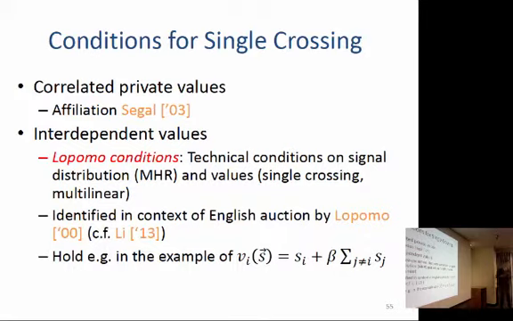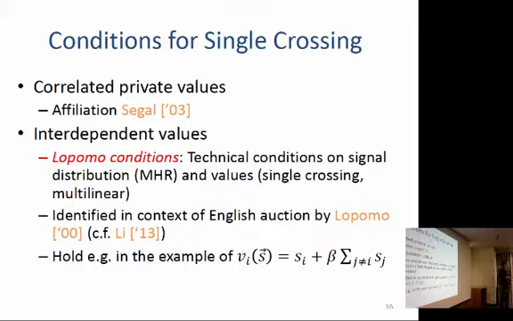If we have full interdependence, then there are conditions that we call Lemma conditions because they're found in a paper of Lemma in the context of English auction. These are technical conditions. I won't go into them very formally, but they're conditions on the signal distribution requiring it to be MHR. And they're conditions on the value functions. So the values themselves need to be single crossing and some kind of multilinearity.